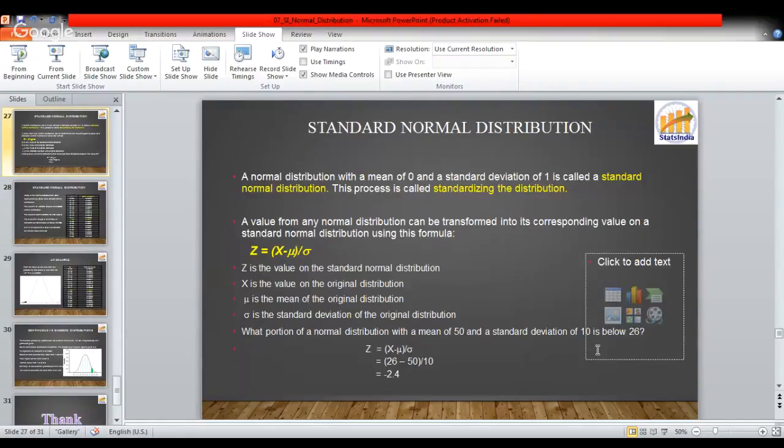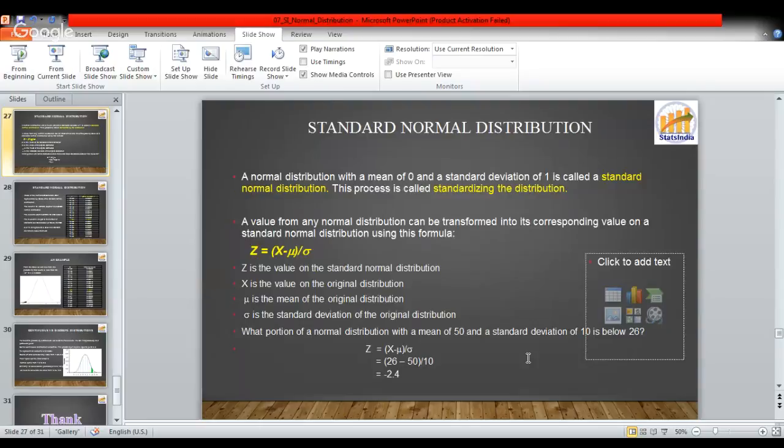Up till now we were writing mean 50 and SD 10, and from the table, or using that formula, or online calculators, we calculate area.